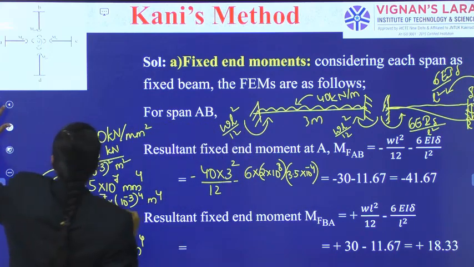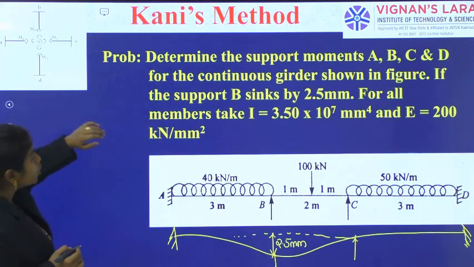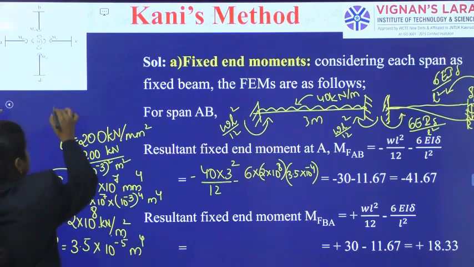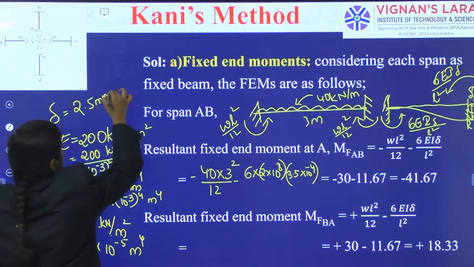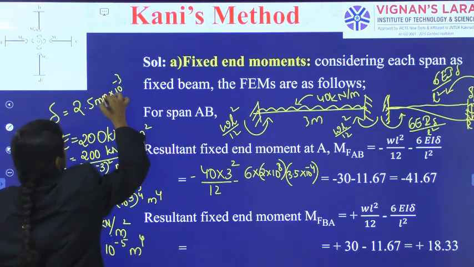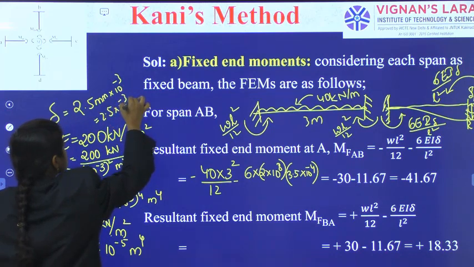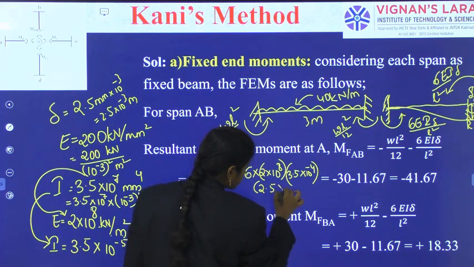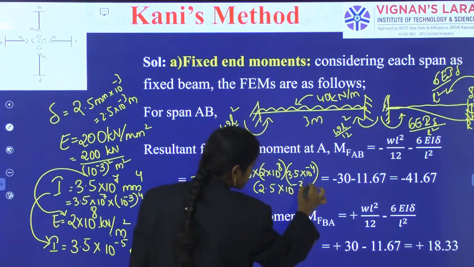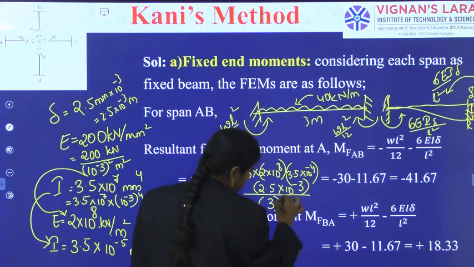The sinking delta is given as 2.5 mm, so 2.5 into 10 power of minus 3 meters, divided by the length of the beam, 3 meters, square.